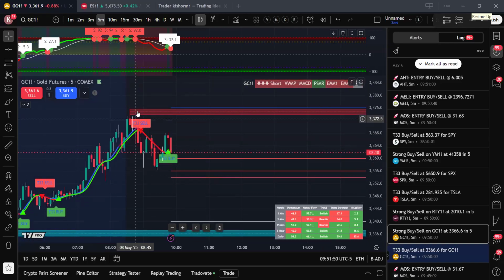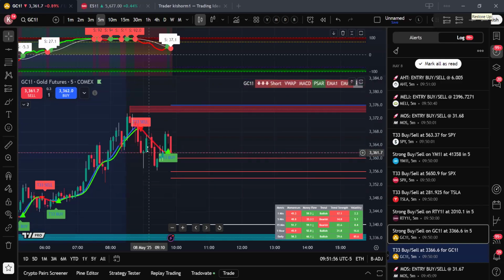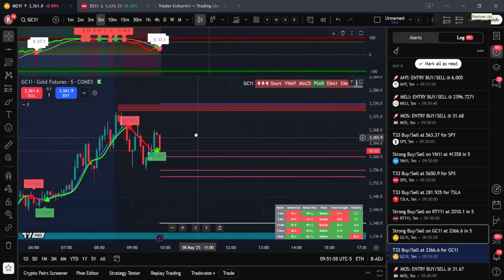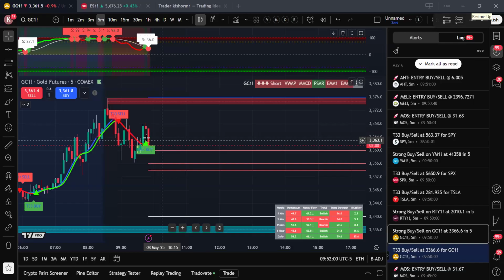For gold, it went all the way to the top, touched the resistance and trying to drop. If we get a sell signal, we can get the gold puts. We can enter gold.